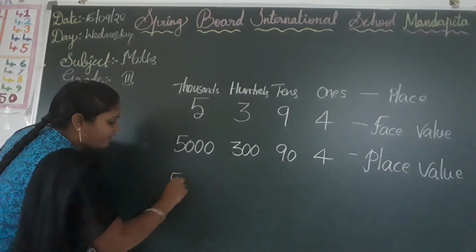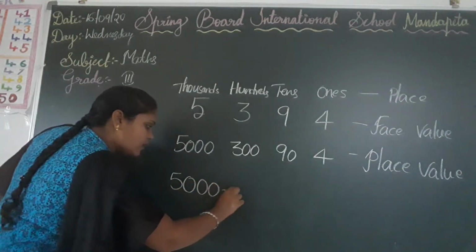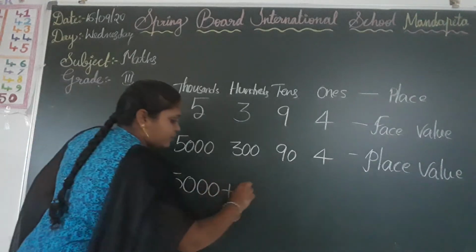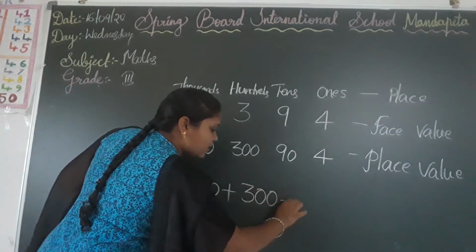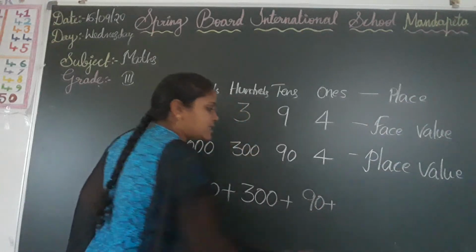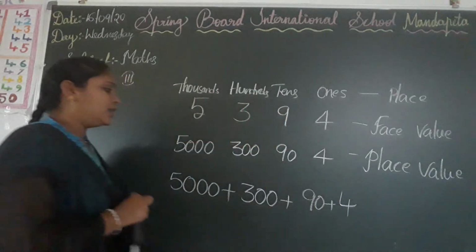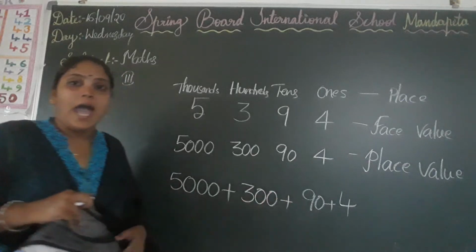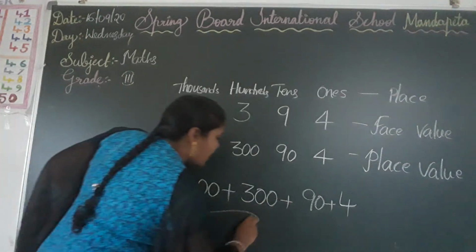So 5,000 plus 300 plus 90 plus 4. This form is called the expanded form of the number.